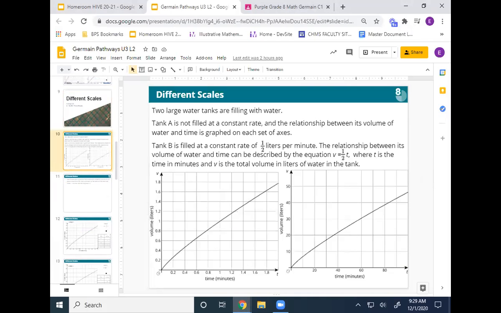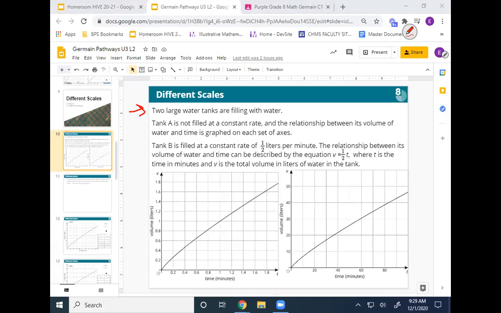Okay? So we have two different tanks of water. So let's look at this activity, two different scales. Okay? So two large water tanks are filling with water. Tank A is not filling at a constant rate, and the relationship between its volume of water and time is graphed on each of these sets of axes.